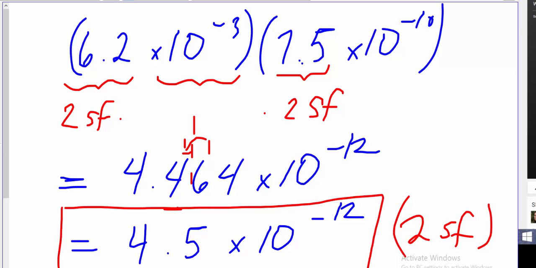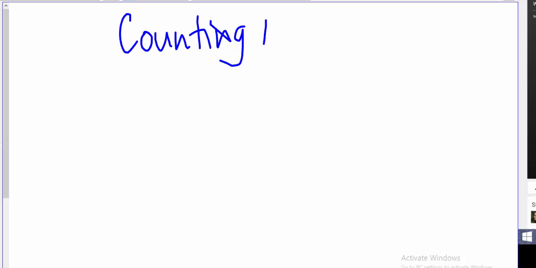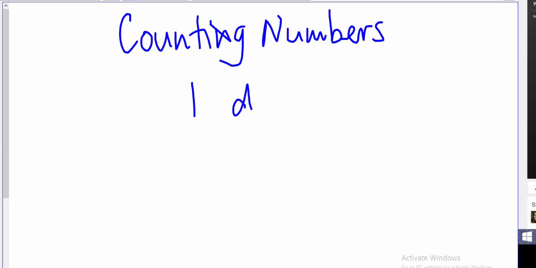Great. Finally, I'd like to just do one more example that discusses counting numbers or defined numbers. You will notice in the course following this video that there's a note about counting numbers. And counting numbers are just essentially whole numbers. And they refer to things that you could count with counting numbers or whole numbers. So, for example, one dog.